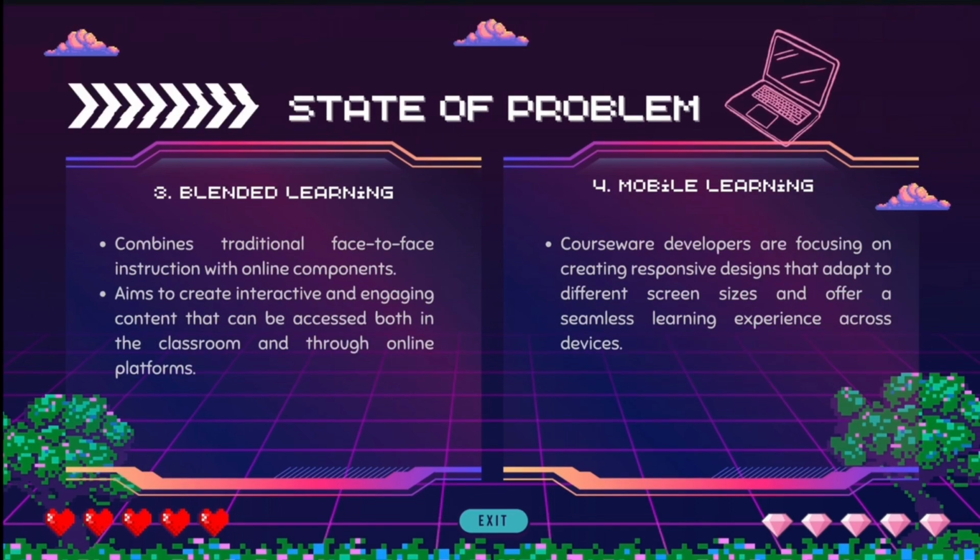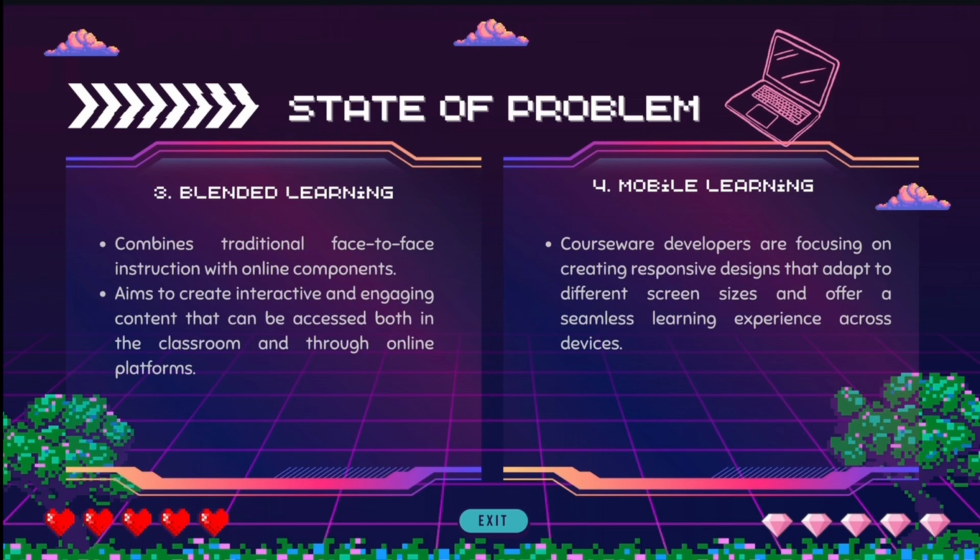Besides that, there is a growing emphasis on blended learning, which combines traditional face-to-face instruction with online components. Courseware development aims to create interactive and engaging content that can be accessed both in the classroom and through online platforms. Lastly, mobile learning.